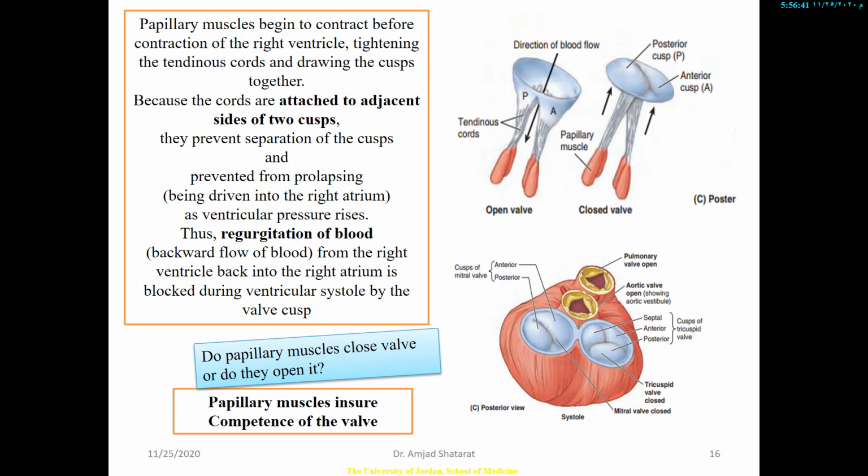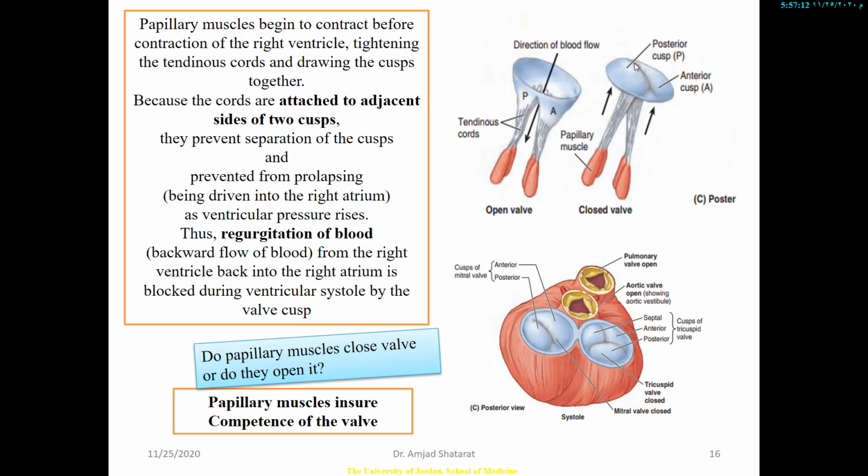They would prevent the prolapse of these cusps inside the right atrium. They are attached to the myocardial sites by chordae tendineae, and they hold the cusps from being pushed into the cavity of the right atrium.